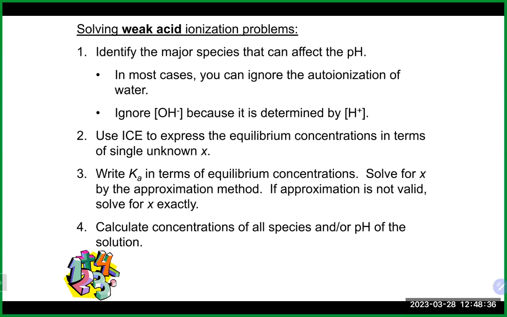Our assumption in this class is that for a weak acid or weak base problem, we ignore any contribution from water to that H+ or OH-. We assume that all the H+ in the solution is only coming from the acid, or all the OH- in the solution only comes from the base. You may sometimes see that some books do it, and some solutions will say that water's H+ concentration is much larger, so that's what the pH is going to be. We will definitely ignore that autoionization of water.